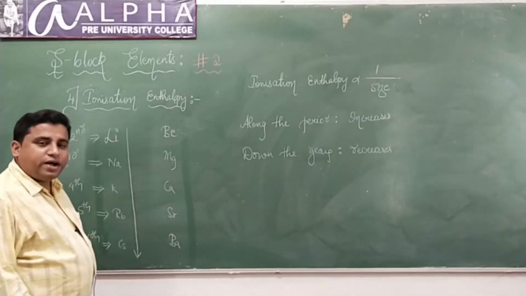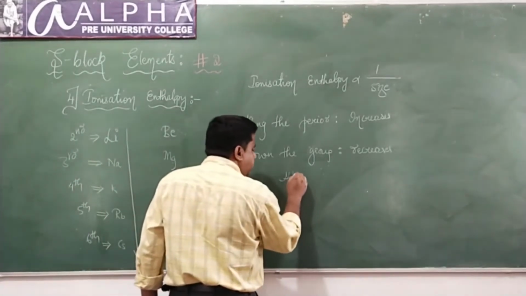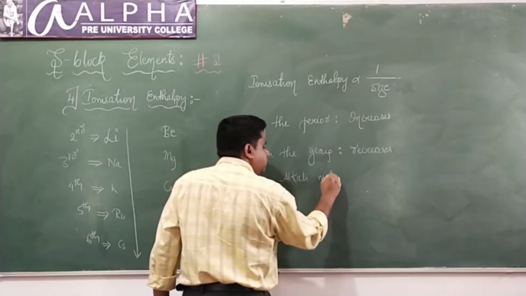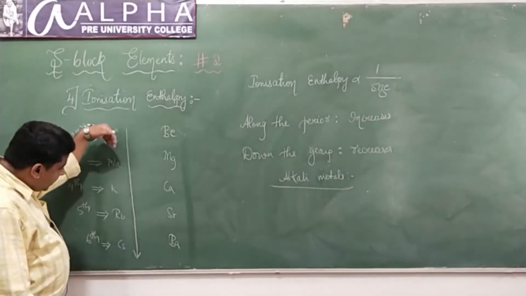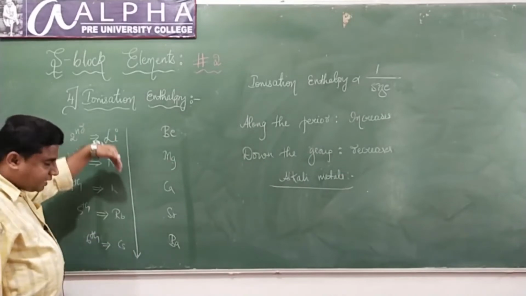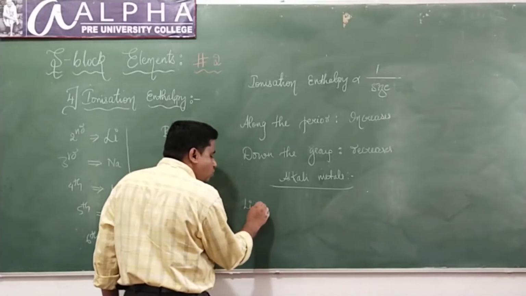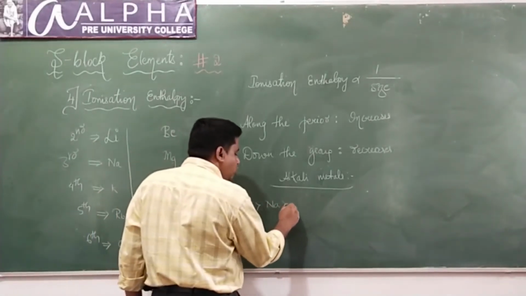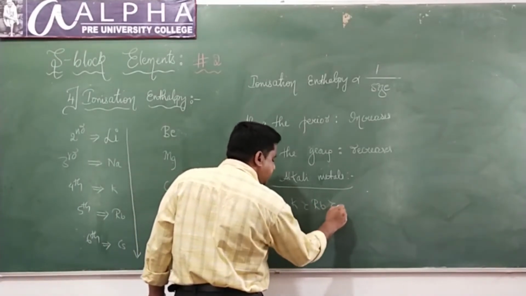So what is the order of ionization enthalpy for alkali metals? Ionization enthalpy decreases down the group. Therefore lithium has more ionization enthalpy than sodium, sodium has more than potassium, than rubidium, than cesium.